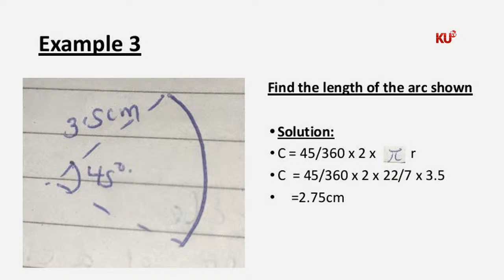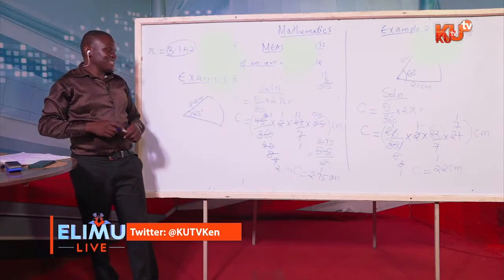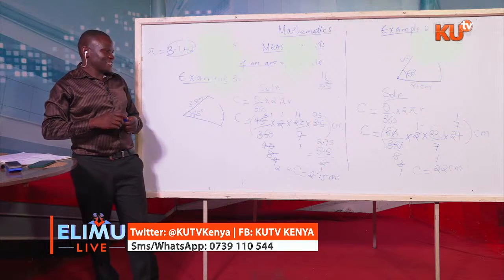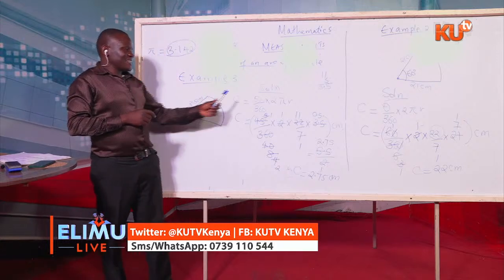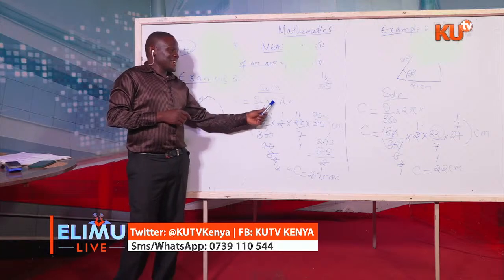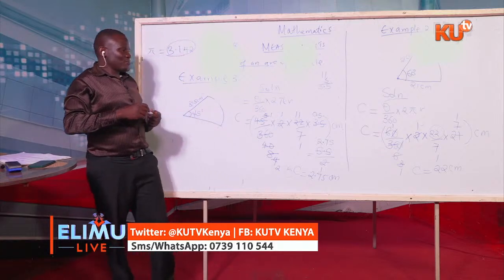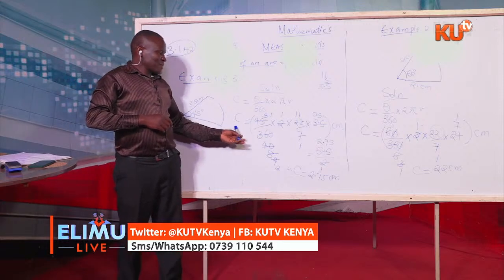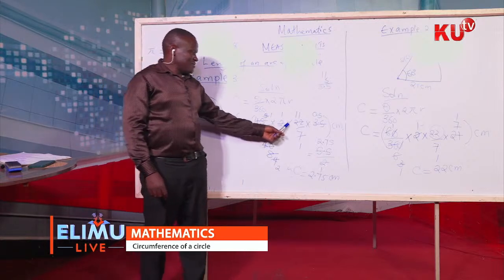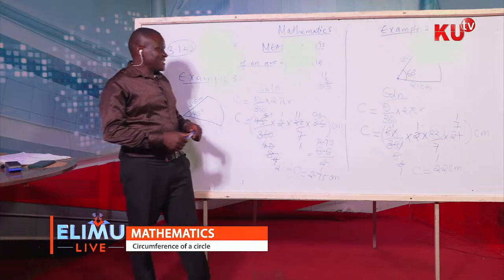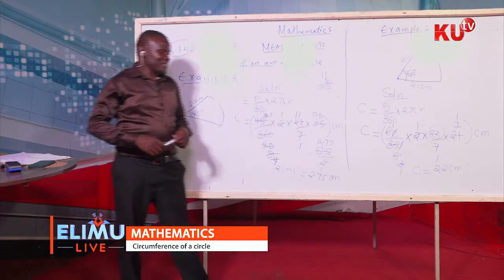2.75 centimeters. Let me just repeat that process once again briefly. We were given this arc, and the arc subtends an angle of 45 degrees to the center by the radius of 3.5 centimeters. So the formula for finding the circumference of the arc is theta over 360 times 2 pi r, where we had 45 over 360 multiplied by 2 times 22 over 7, which was pi, and times 3.5.